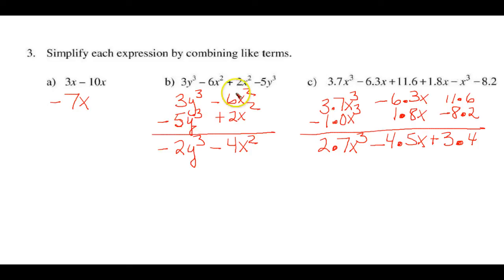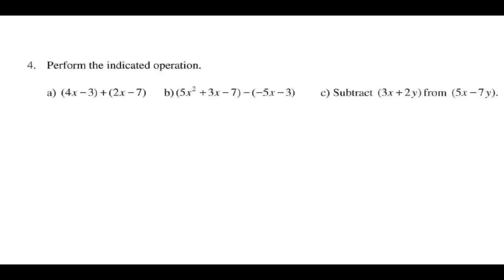So lining them up in like term columns, then you have a clear way to kind of check your work, and lining them up hopefully increases accuracy. Now, if you want to do it horizontally, that's an acceptable way as well. But I think this is to get that accuracy. I've seen people mess up on this. All right. Strategy for this one. Here they're asking you to add. So just put them in like term columns.